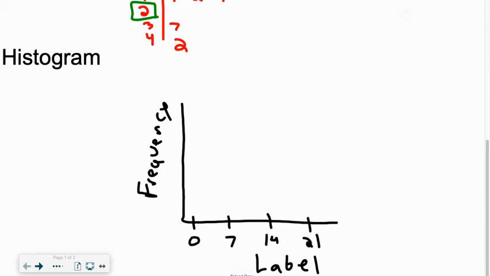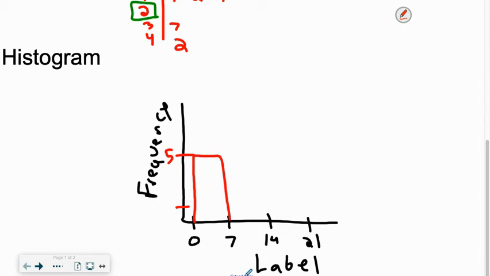So now in a histogram, a few important things. It's kind of like a bar graph. So you just go up. Let's say that's 5. There was 5 that fell in between 0 and 7. You just make a bar. But now, here is a key point for this.